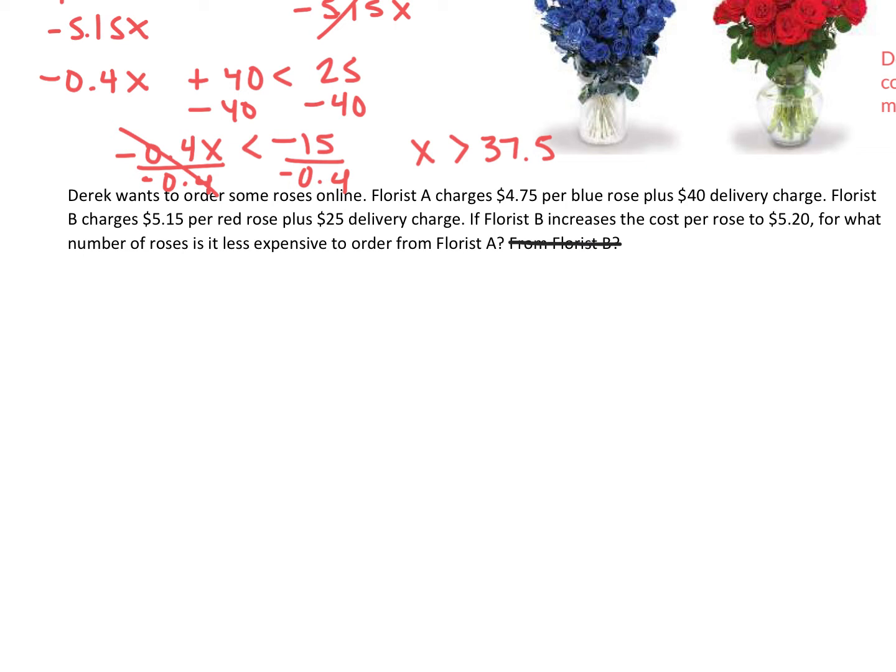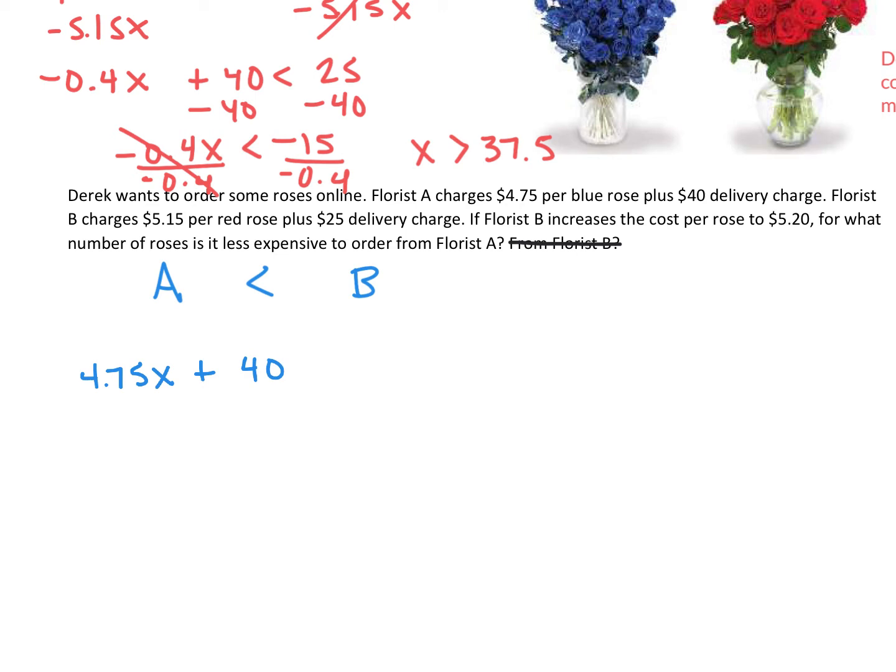Okay, so same idea. We want to know, how many roses does it take for florist A to be less expensive than florist B? So we set up our florist A information. Florist A charges $4.75 per rose, which we're representing with an x, plus a $40 delivery charge.